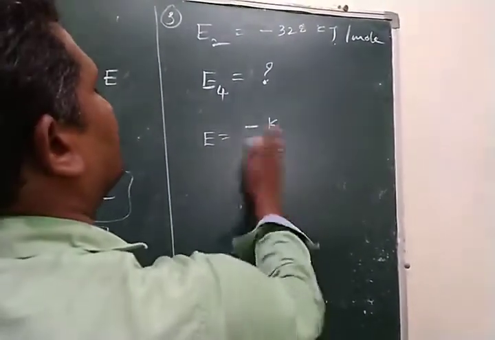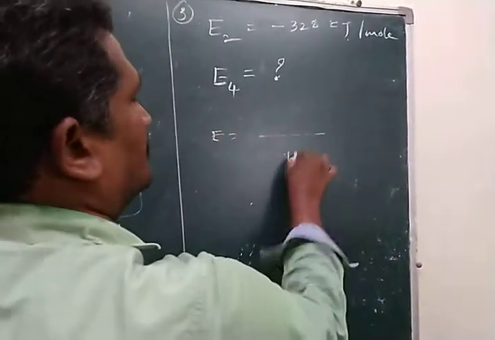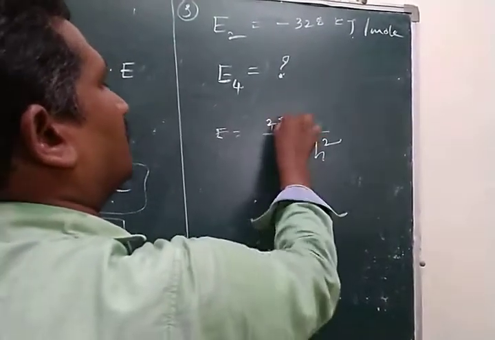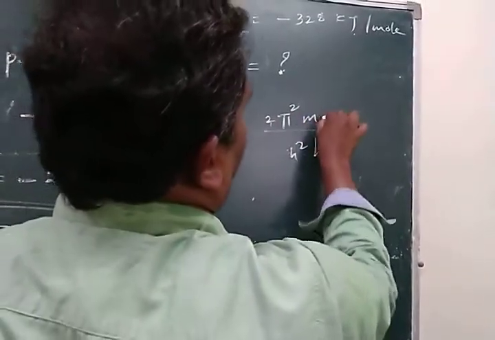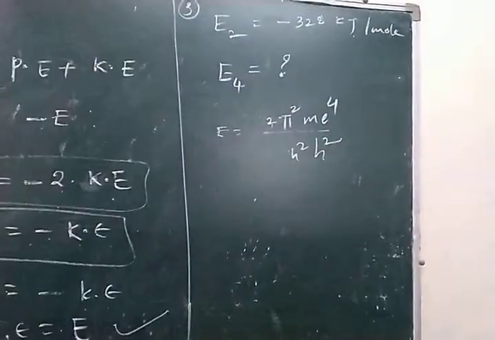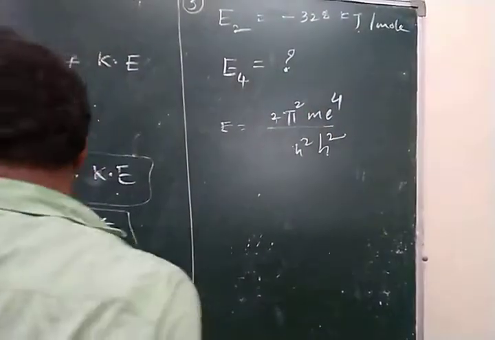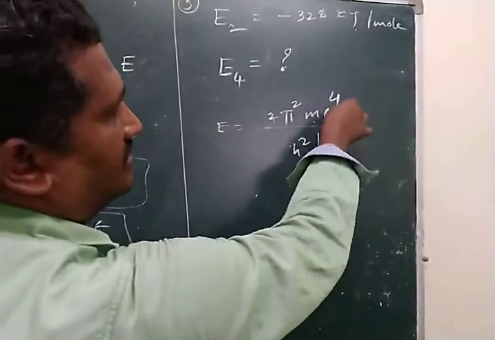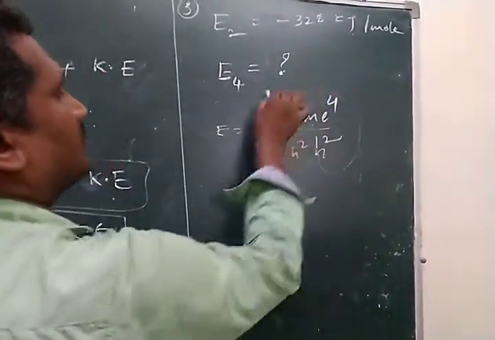Otherwise, if you write energy equal to minus 2 pi square m e power 4 by n square h square, here 2 is a constant, pi is a constant, m is the mass of the electron, e is the charge of the electron, and h is Planck's constant. So these are all constant values.